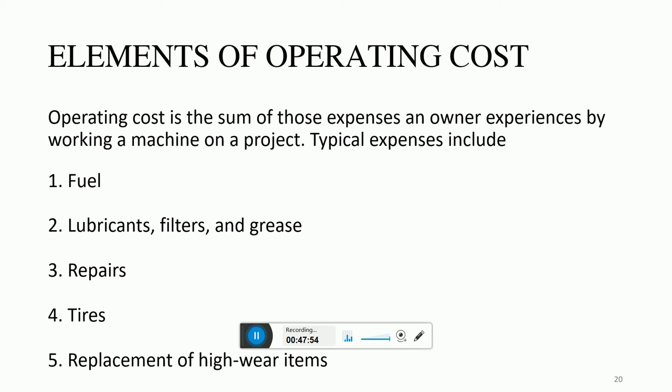Such a procedure aids in estimation of the machine cost for bidding purposes, as the differing project wage rates can be added to the total machine operating and ownership cost.